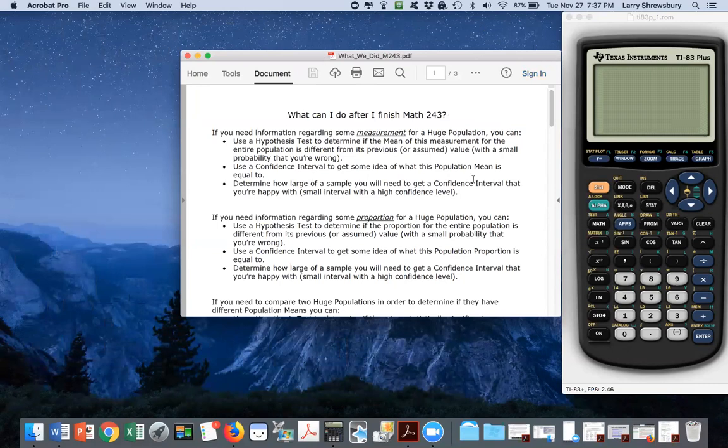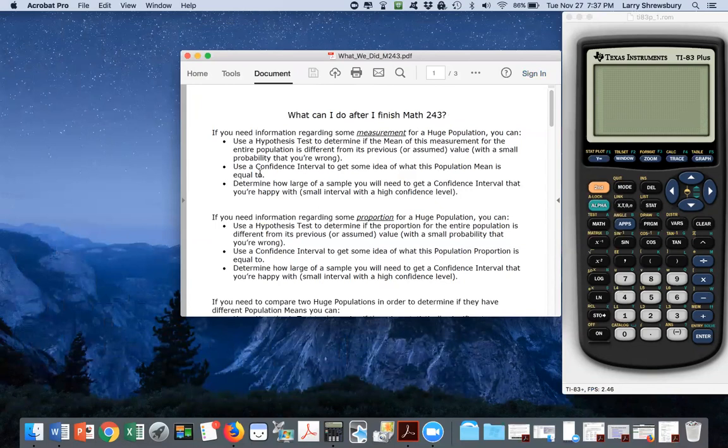So we'll just think very generally, if you need information regarding some measurement for a huge population, and you'd like to know what the typical measurement is, that's the population mean. Well, you could do a hypothesis test to test a claim someone made who thinks they know what it is. You can test that claim, follow up with a confidence interval to actually get an approximate idea of what it is equal to.